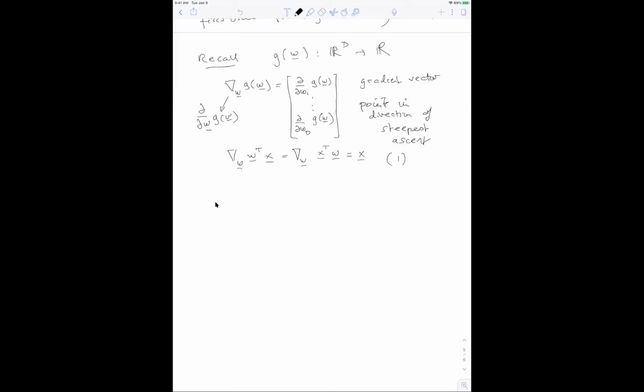And then the second thing I want you to know, because we're going to see it in a second, is that if you have a function like this, then the gradient vector takes this structure. And if you're wondering where these things are coming from, the first one you probably have some intuition for.